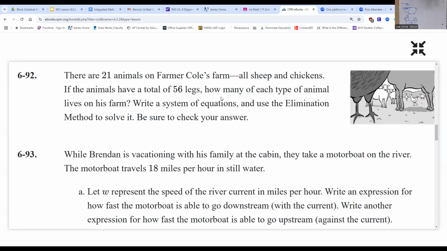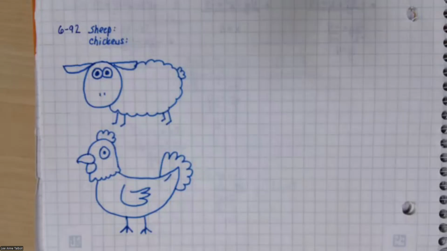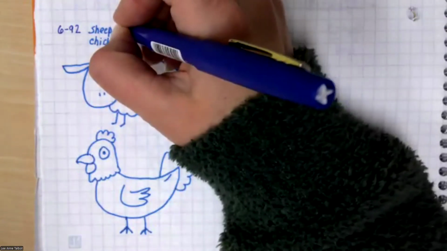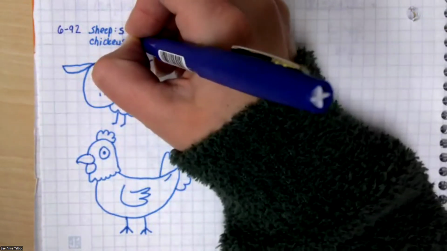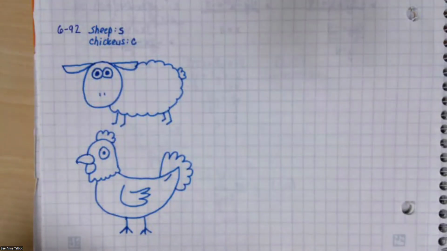So remember, when you have a total type problem, now I don't love to use the letter S. We're going to use the letter S, but I just want to warn you, I don't love S because it looks like a 5. So just make sure that your S is curvy and not looking like a 5.